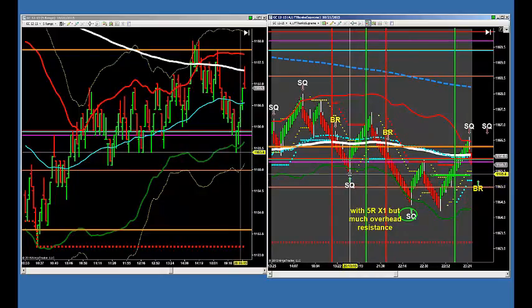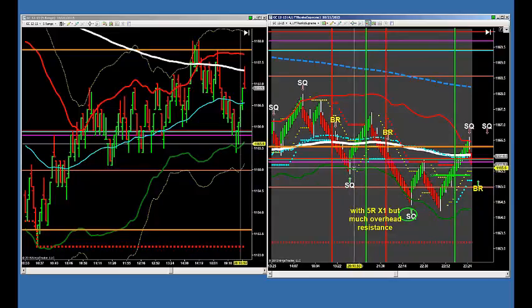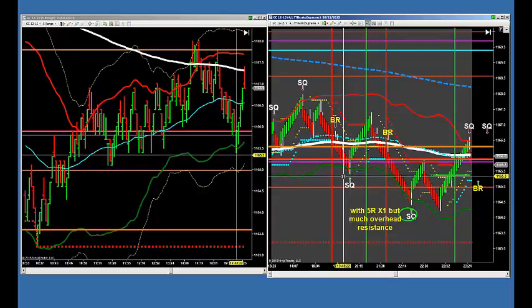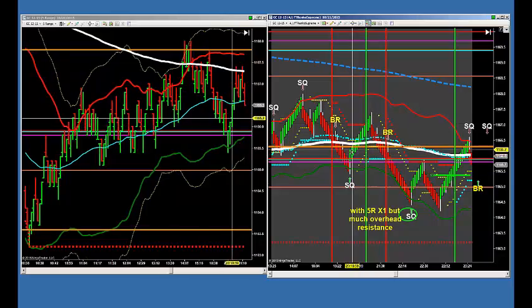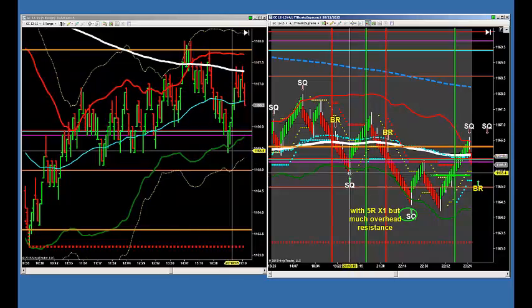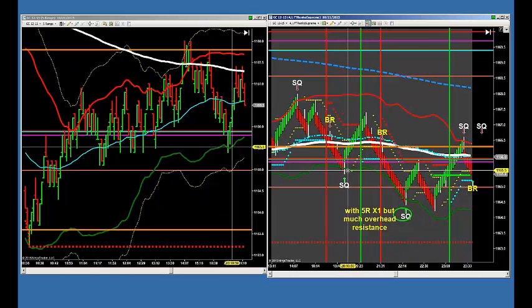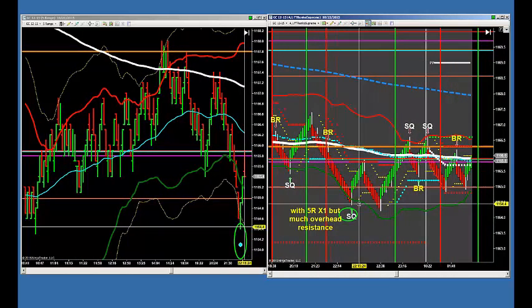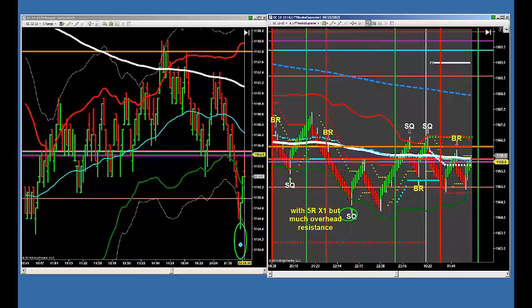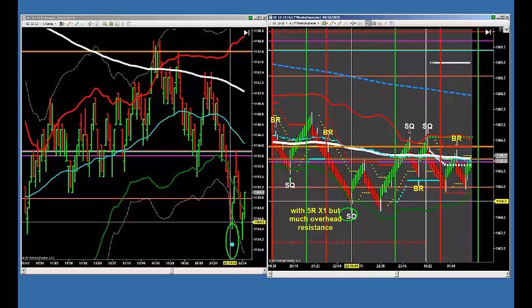We just didn't get the X1. If we had an X1 on the 5 range, that would have been a good trade to me. But notice, it didn't do all that well. It's kind of interesting, we didn't get the X1. How about that? We come down here, well, we did get the X1. A lot of overhead resistance, didn't work out too well. You know, they're not all going to be winners.